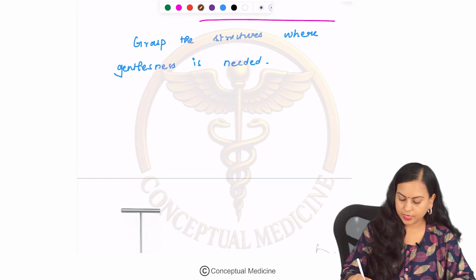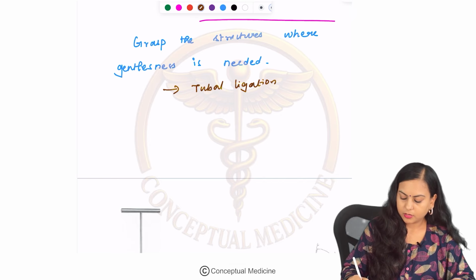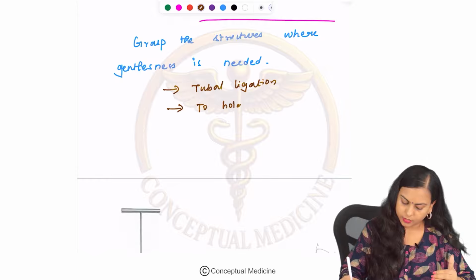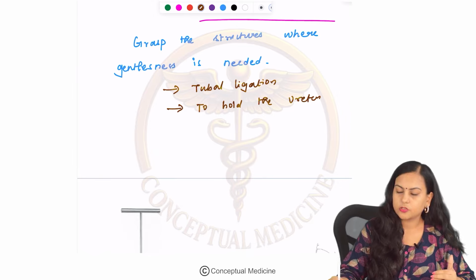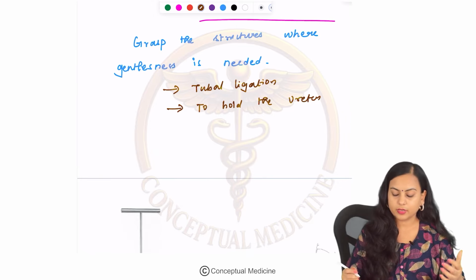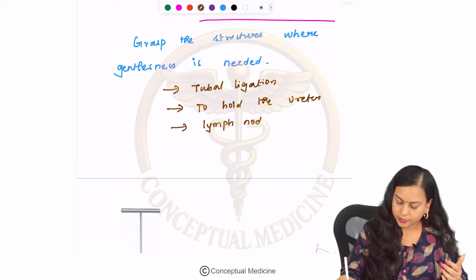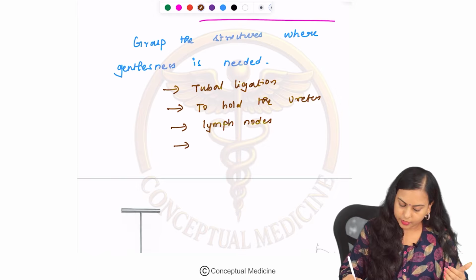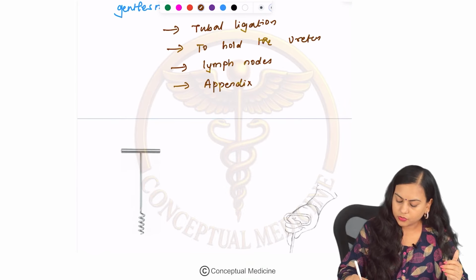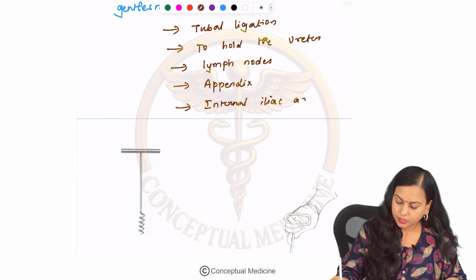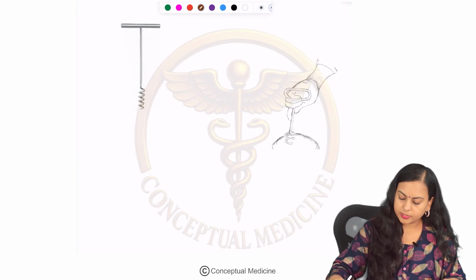So, we can use it in tubal ligation, even to hold the ureter while doing any bigger hysterectomy like a radical hysterectomy, or to hold the lymph nodes while you are performing lymphadenectomy, or even to hold the appendix during appendicectomy and also during internal iliac artery ligation, right? Yes.